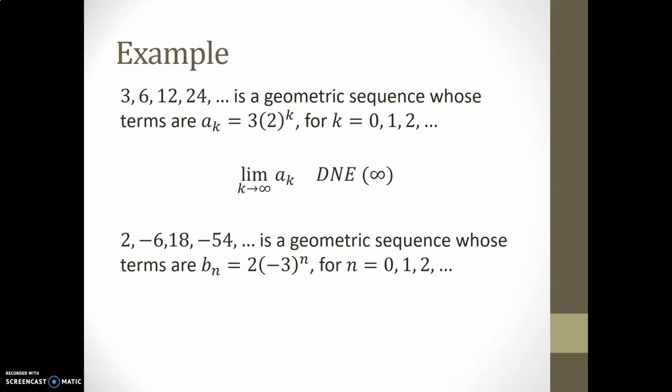Once again, if we look at where these terms are heading, the limit simply does not exist, because the terms are first of all growing, and secondly alternating between positive and negative signs. So we can't even tell if it's going to infinity or minus infinity because of the alternation.